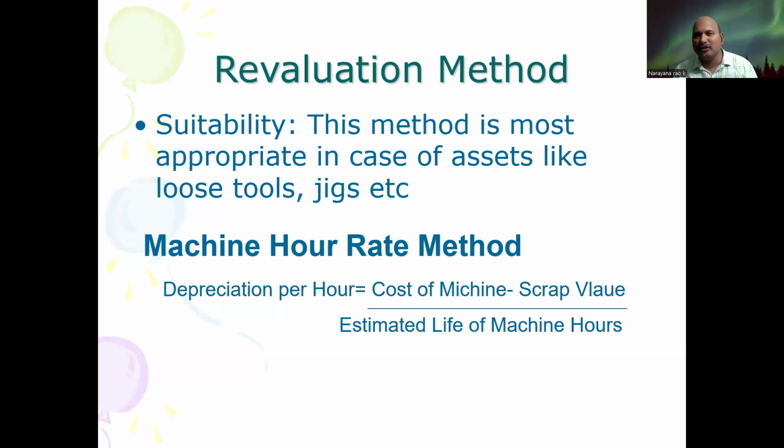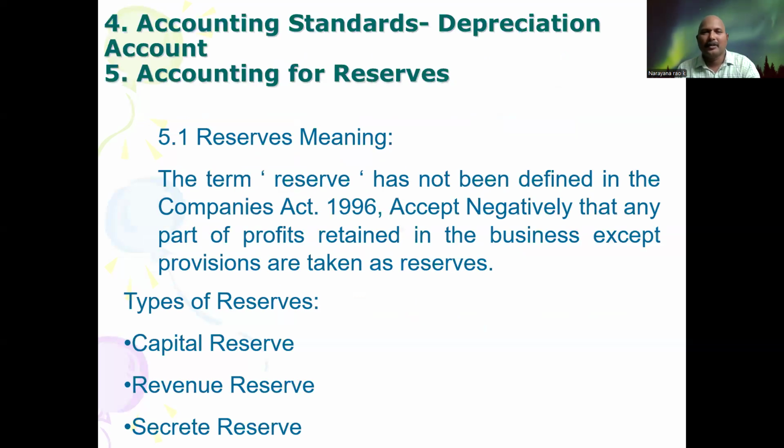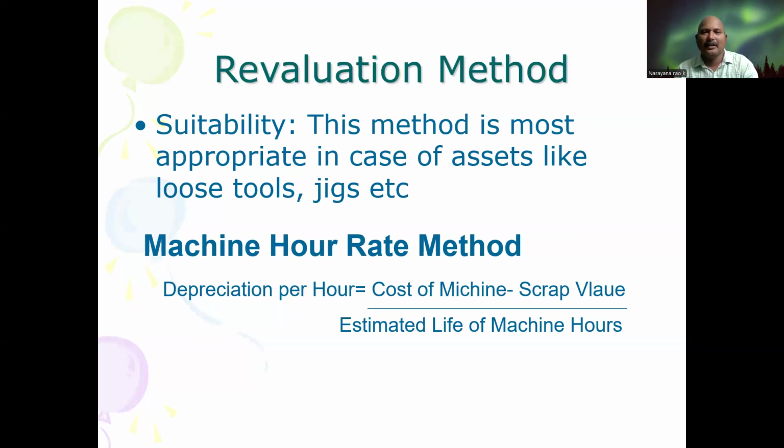Every year we check how many loose tools we have. Sometimes the number is reduced automatically because tools are misplaced. That's why, at the beginning or ending of every year, we value the loose tools. How much is the cost? The difference in amount will be considered as depreciation. These are the different methods under depreciation.